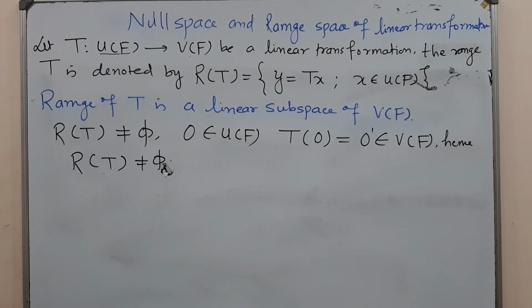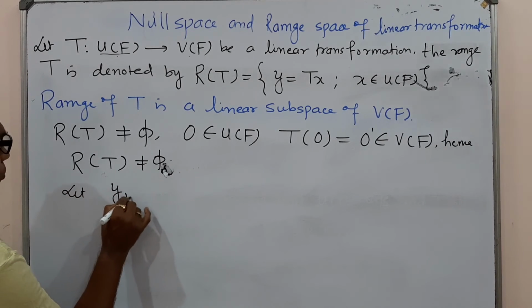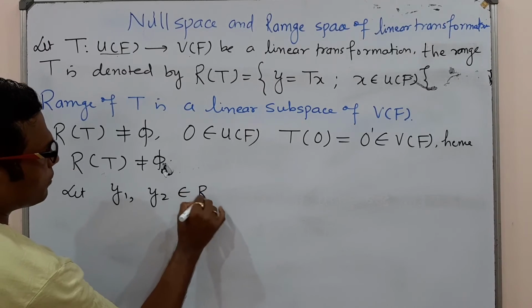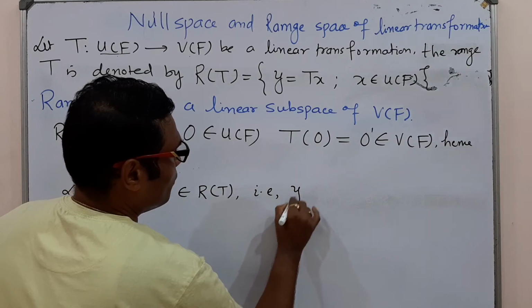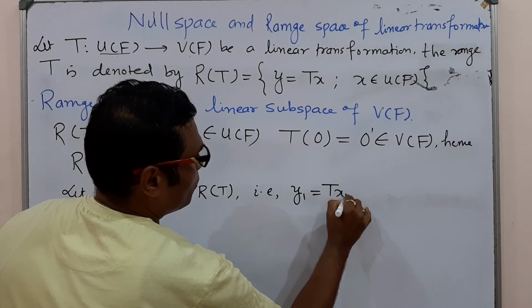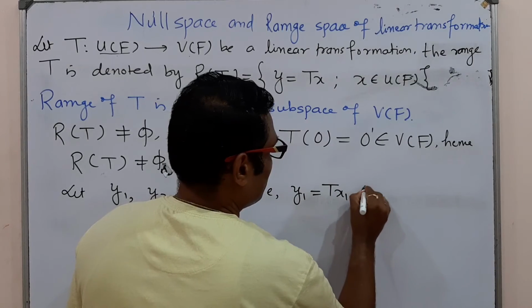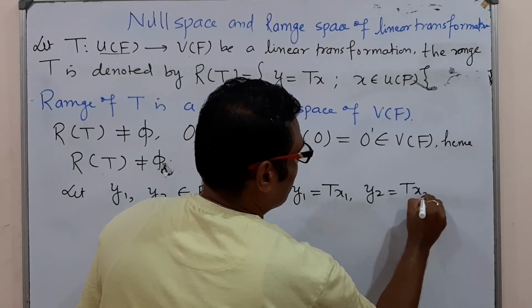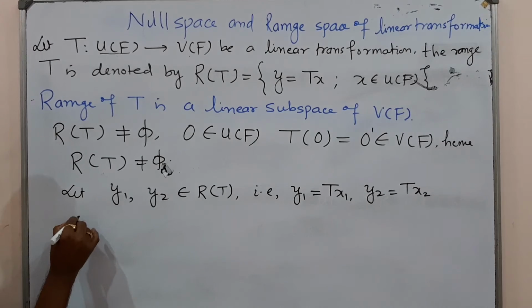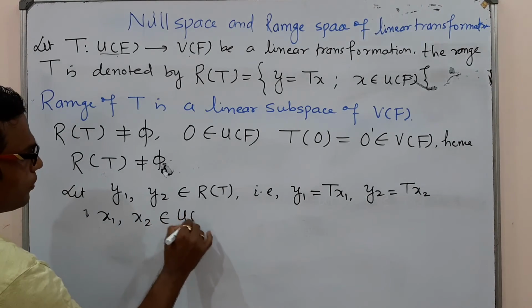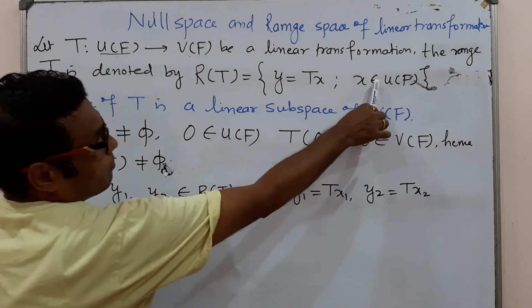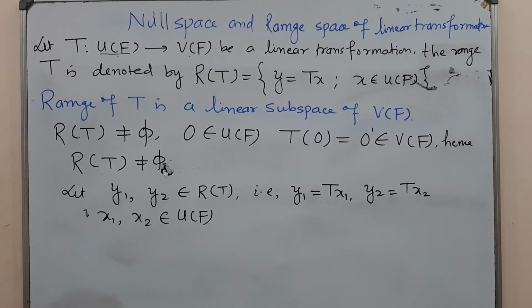Now let y1 and y2 be elements of the range of T. That is, by the definition, y1 is equal to T of x1 and y2 is equal to T of x2, for this x1 and x2 members of UF, and y1 and y2 belong to the range of T.